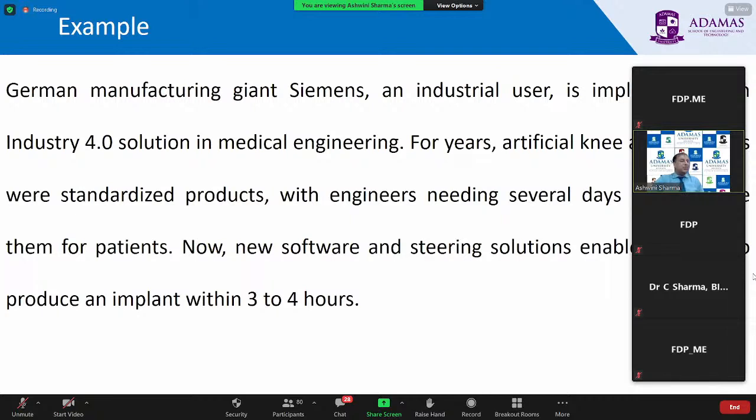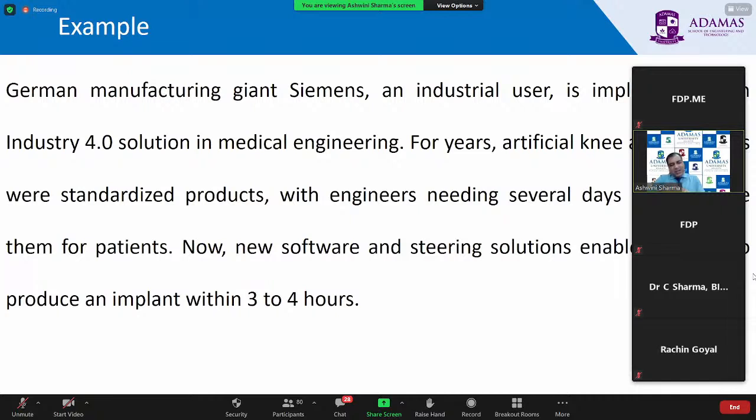So let's say it is a knee implant. Obviously our anatomy, human body anatomy, is different for different people. Somebody is short, somebody is taller, somebody is fat, somebody is thin. Based on that, the knee implant or kind of implants which need to be there for the body differ from person to person.